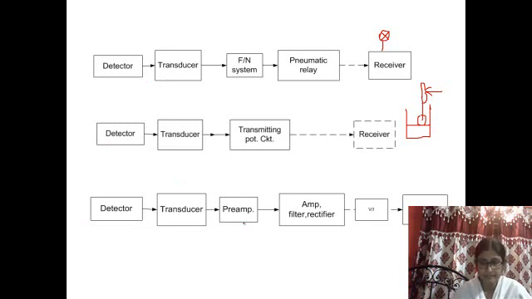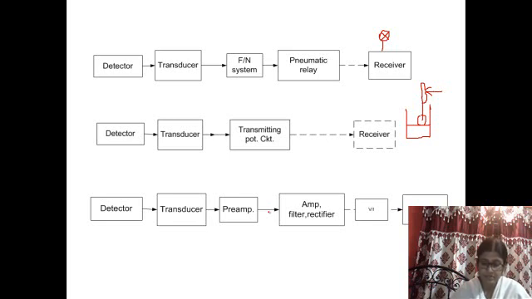Now for this there is an additional unit called a pre-amplifier. So what is the purpose of the pre-amplifier, or this is called an instrumentation amplifier? This generally has high input impedance and low output impedance in order to avoid the error of loading. Since this has high input impedance and low output impedance, this can remove the error due to loading effect.